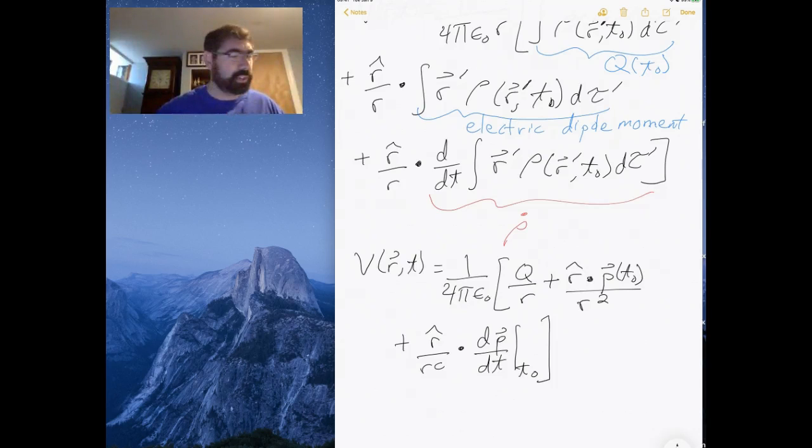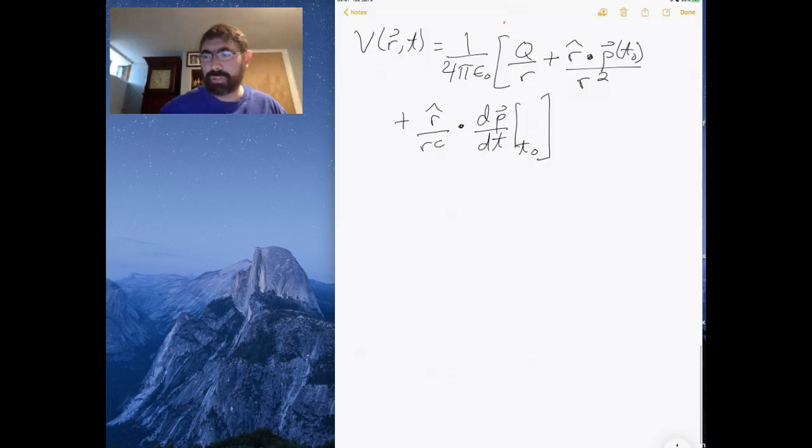So let's only consider the static case. So this time derivative of the dipole moment we're going to set equal to 0. We don't want a time-changing dipole moment.